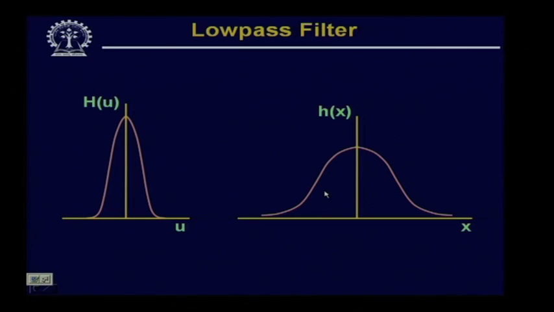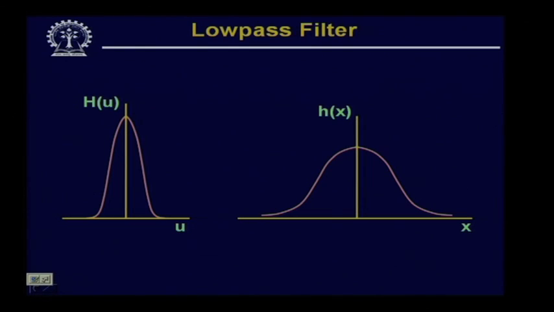Now, from these filters, it is quite obvious that once I specify a filter h u as a function of u in the frequency domain, the corresponding filter h x in the spatial domain will have all positive values. That is, h x never becomes negative for any value of x.